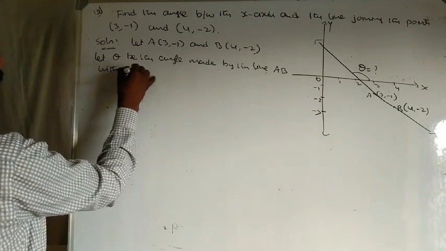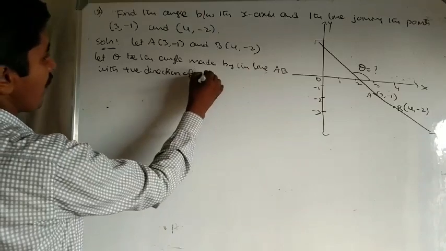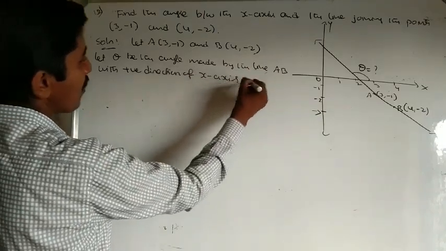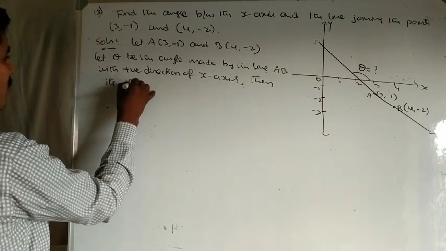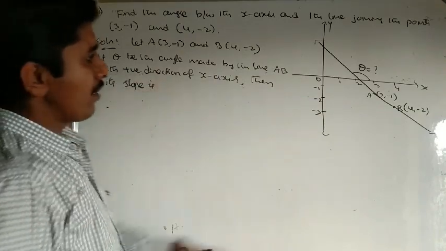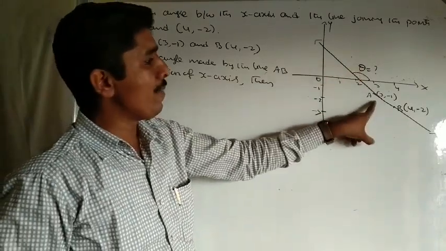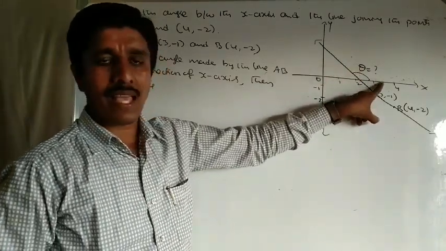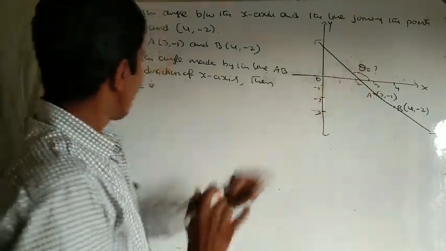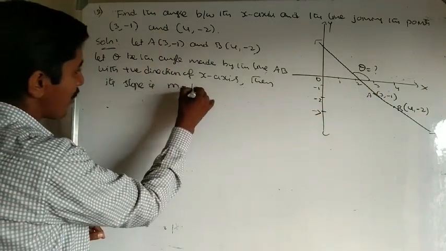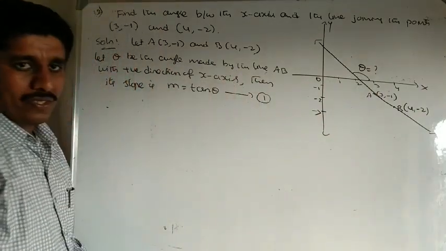Then what is the slope of the line? If theta is the inclination of the line, made by the line AB with positive direction of x-axis, then tan theta is called the slope of the line. Correct. Then m equal to tan theta, called as equation 1.